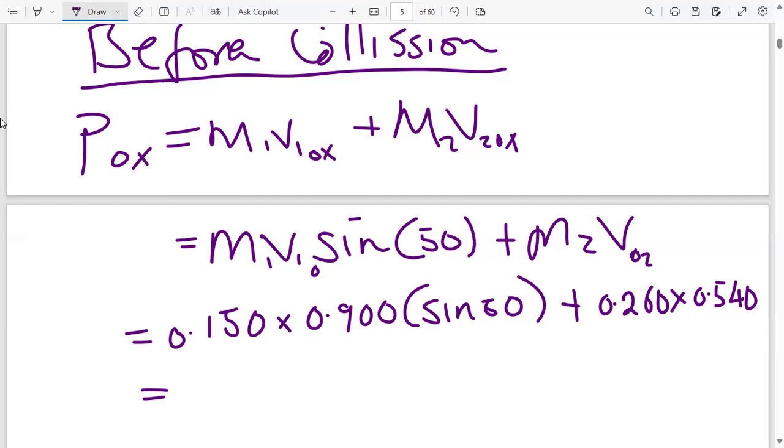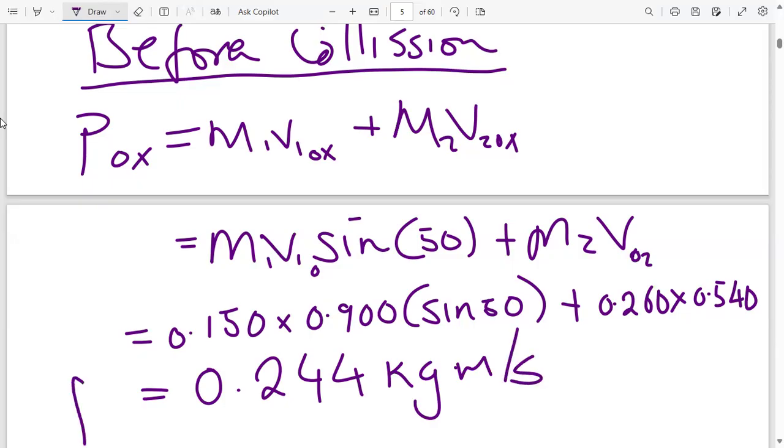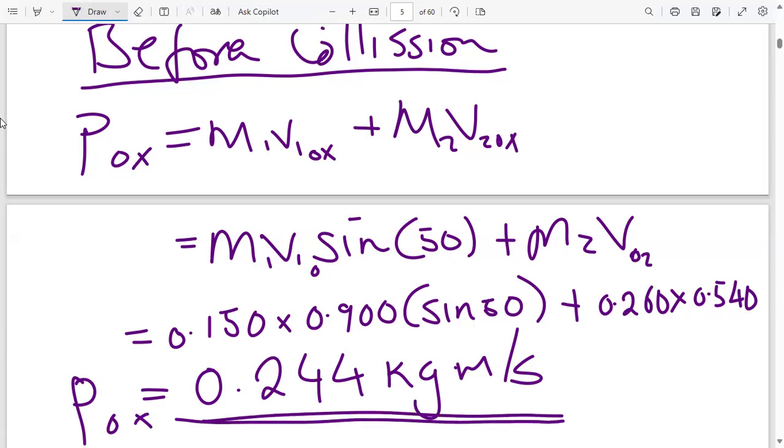And what am I getting here? I'm getting 0.244 kg meter per second. So this is the initial momentum in the x-axis. I have this as my initial momentum in the x-axis.